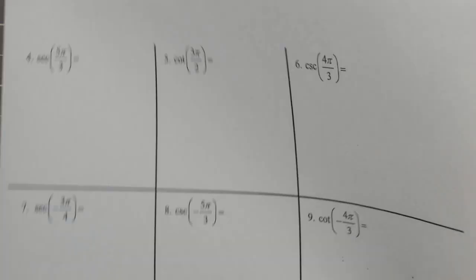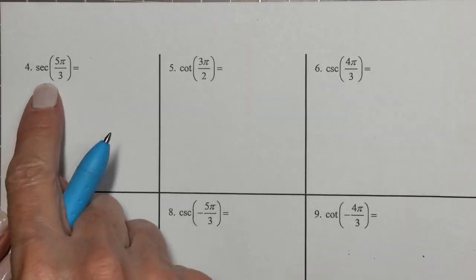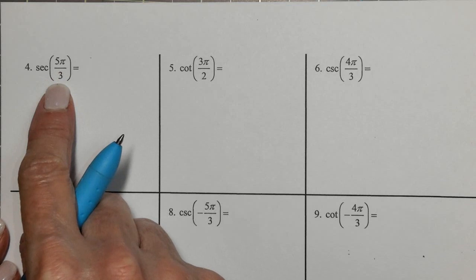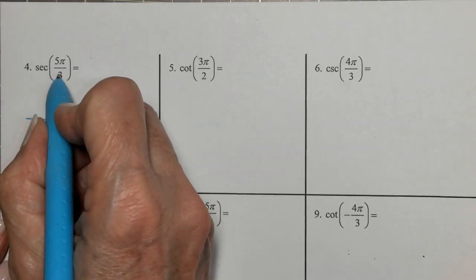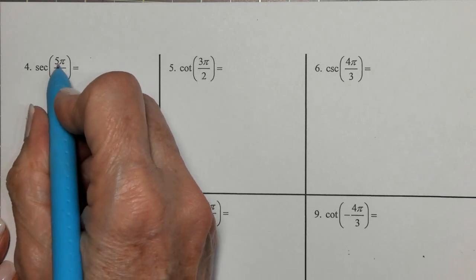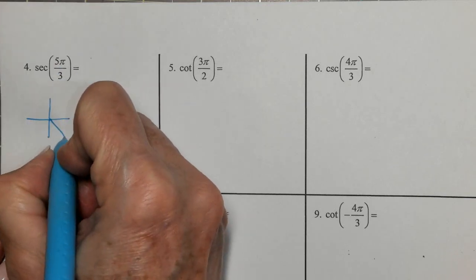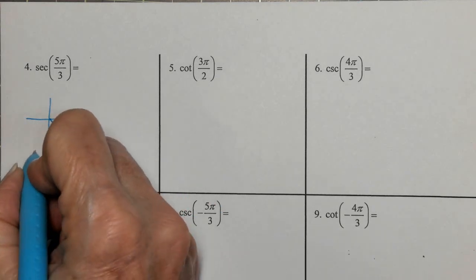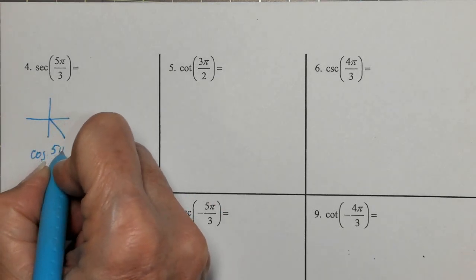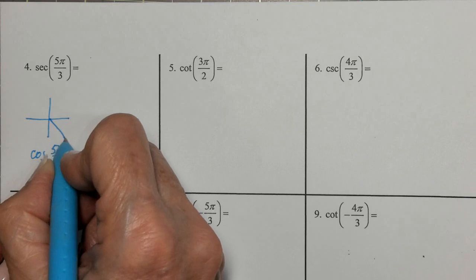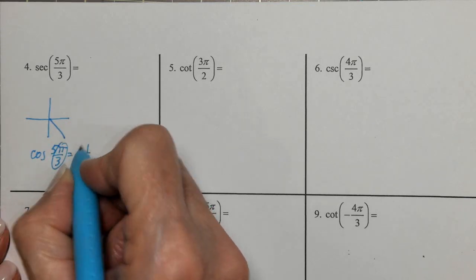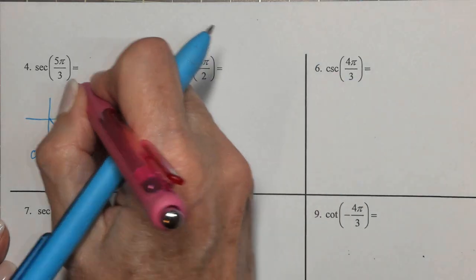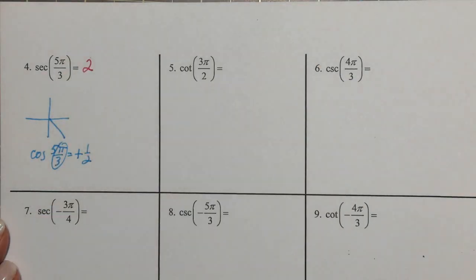Alrighty. Secant of 5 pi over 3. What quadrant is that in? 5 pi over 3 is 1 less than 6 pi over 3, so we're again in quadrant 4. Cosine of 5 pi over 3 is positive 1/2. The reciprocal of positive 1/2 is positive 2.